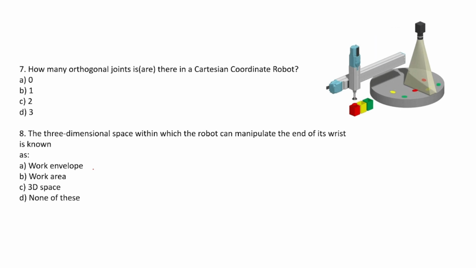Okay. So the articulated robot has a configuration similar to our arm, that is, the human arm. The working principle of this articulated robot is the same as the general configuration of the human arm.